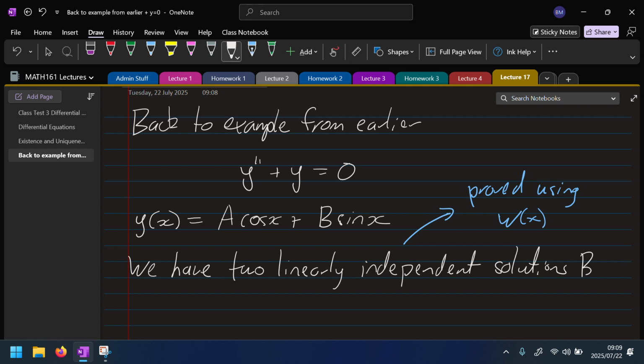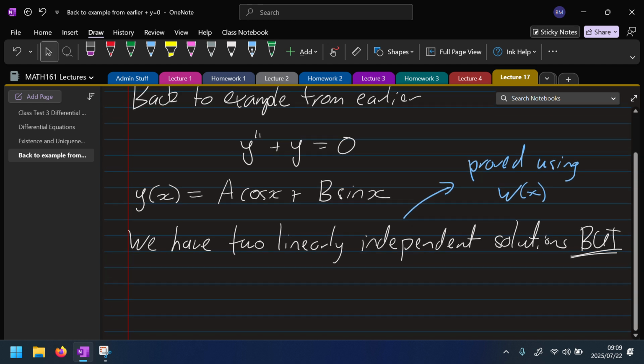But this A and B, those were just some constants. We actually don't know what they are. A and B are still unknown constants.